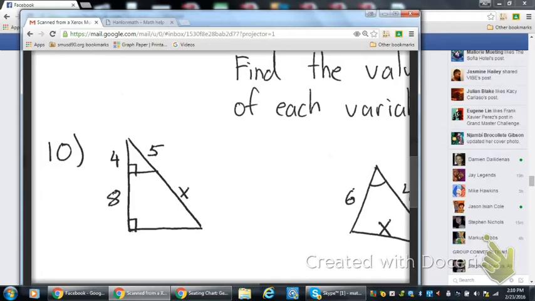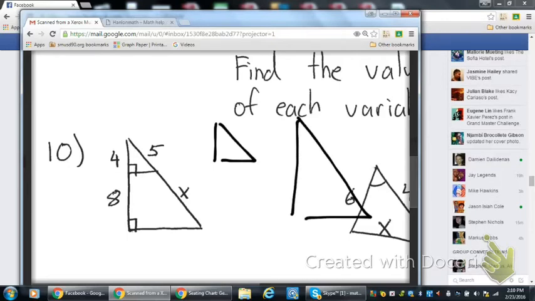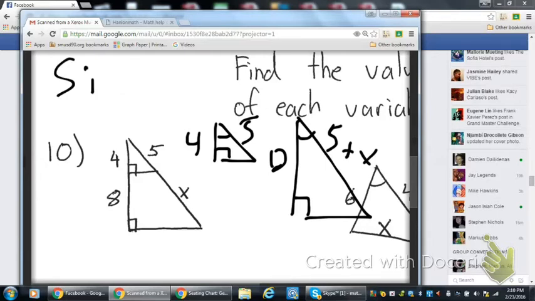I'm going to take the time to separate it. So obviously they're the same top angle. We have a right angle given, 4, 5, and this is 8 plus 4 is 12, 5 plus x, right? So let's focus on these two triangles, similar by AA.